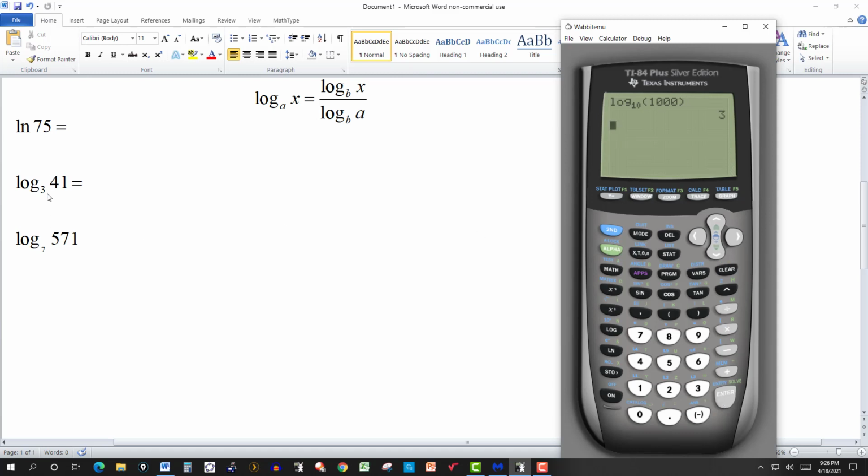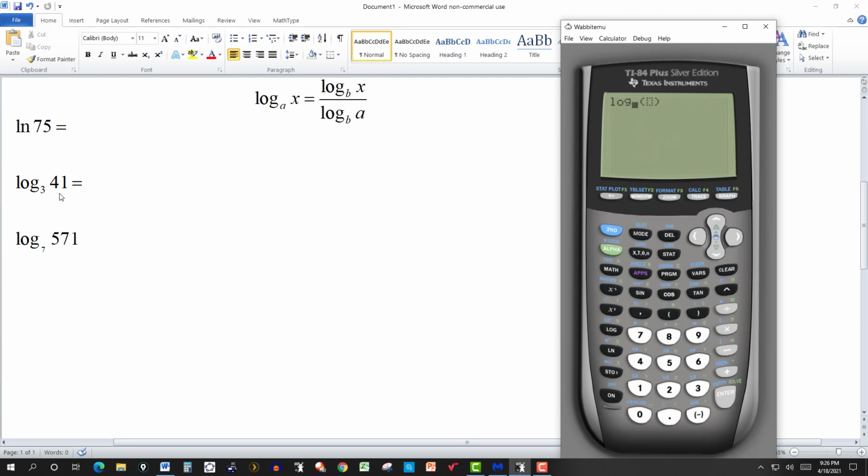Now the last two, again, if we don't want to use a change of base formula and we have this particular calculator, or a calculator that has this formula built in, then we go to the math menu, we go up, okay. There it is. So let's suppose you want to do this one here.